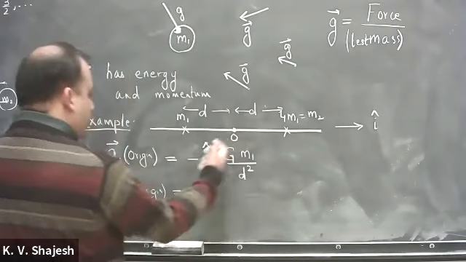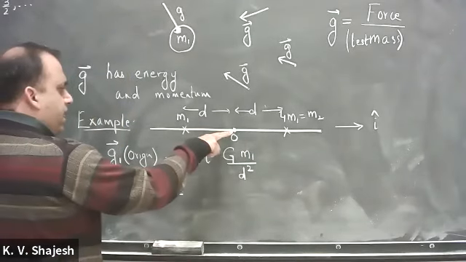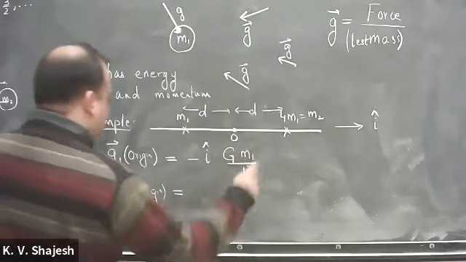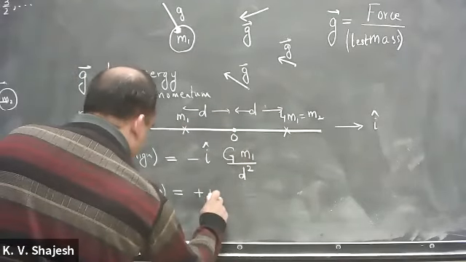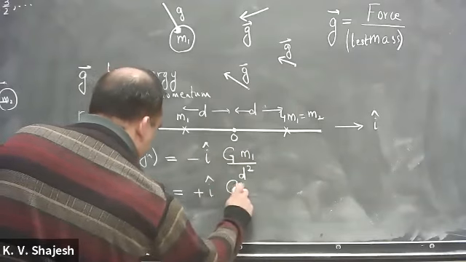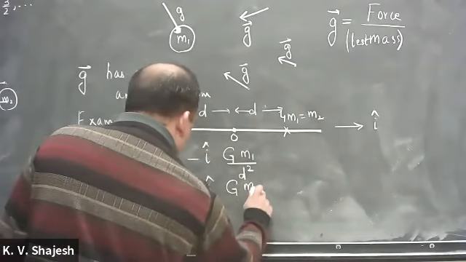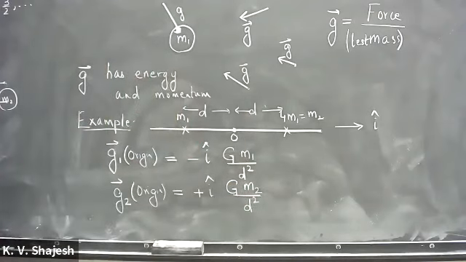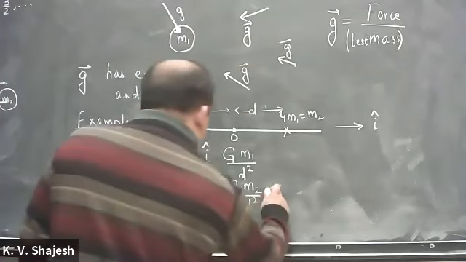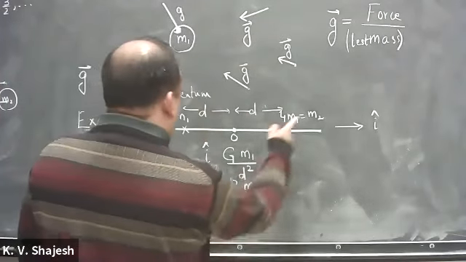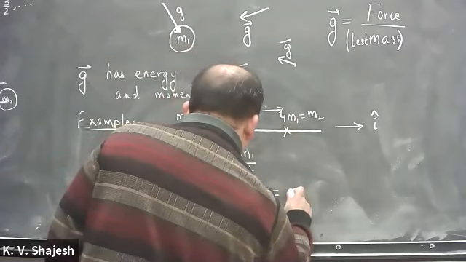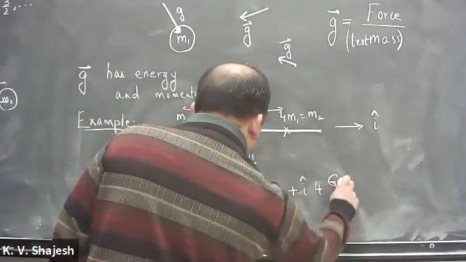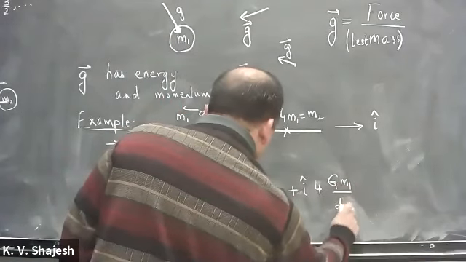At this point, how do we know the direction of G2? Pretend that there is a positive mass there, it will get attracted to that. So that gives me the direction: plus i hat and G times M2 over distance d squared. It's the same distance I've chosen, so that remains the same. Since M2 is 4 times M1, this is plus i hat times 4 G M1 over d squared.